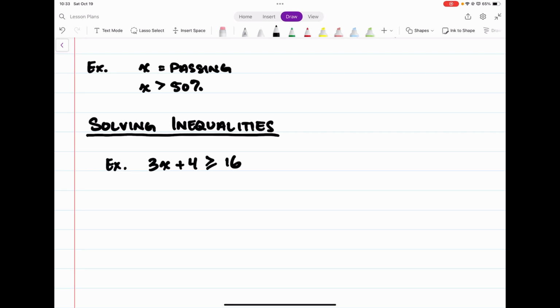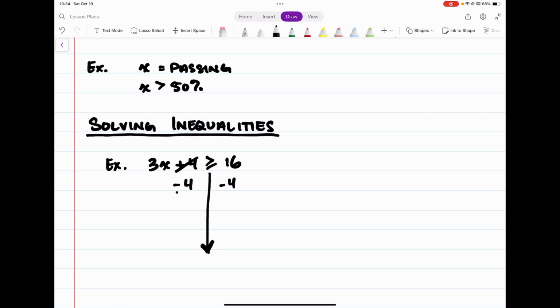You might wonder, how is this going to be different than an equation? Let's just start with following the steps. I'll show you how the majority of the steps are going to be similar to what we've always done. You know what to do here, right? I'm going to minus 4 from both sides because I'm isolating.